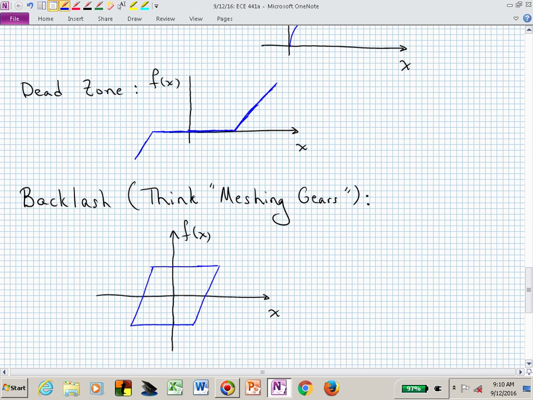And you could think of meshing gears, meaning it may take you a while to start that movement, and then once you want to change directions, maybe you stay stationary until you mesh again to go the opposite way, and that's what this four-sided figure represents, our meshing gears that now allow for you not to be able to backtrack on the same path that you started.